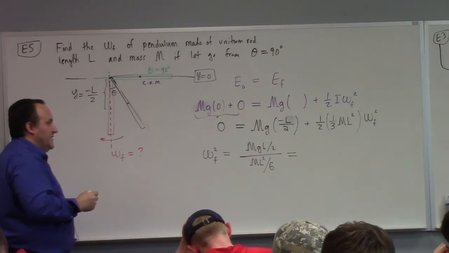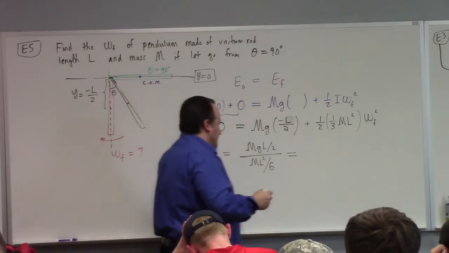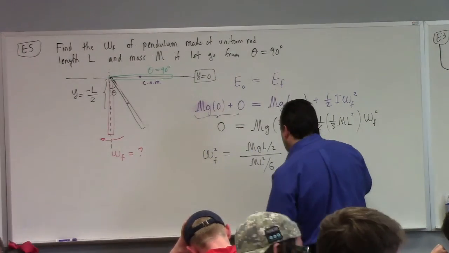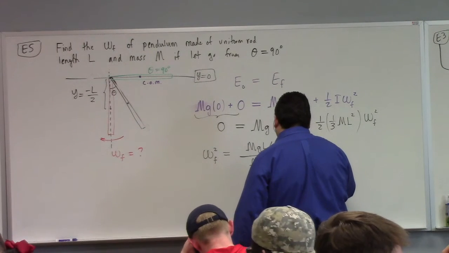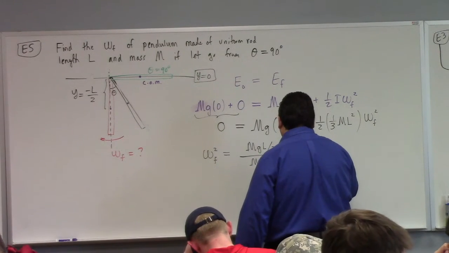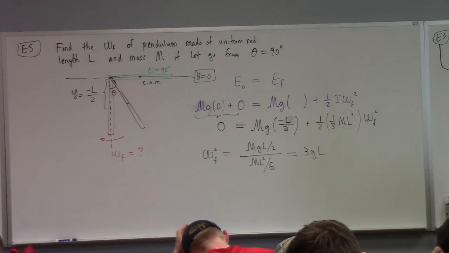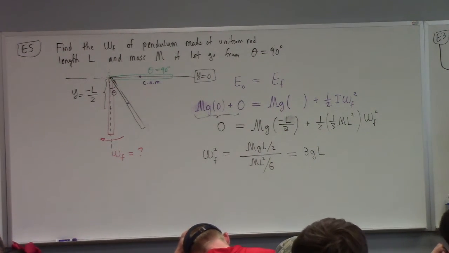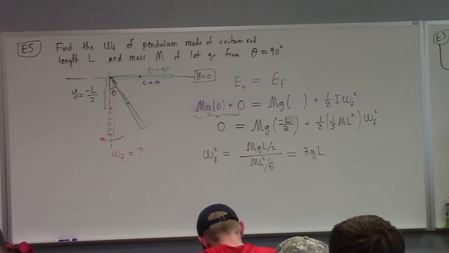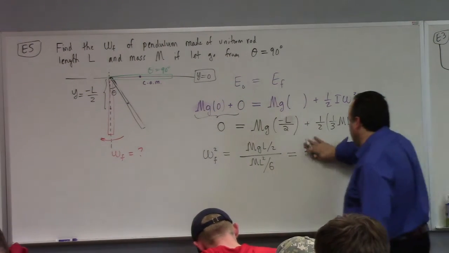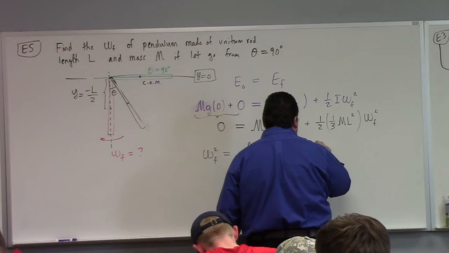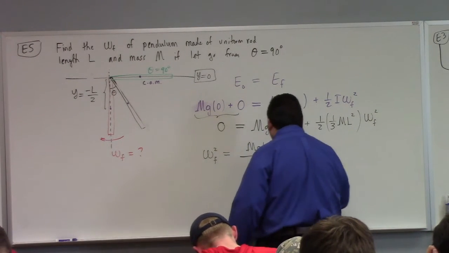Oh, that's cool. The m's cancel. So it doesn't matter what the mass of the thing is. What are the L's? Is it just 3L? Yeah, I think we just get 3gl. Maybe not quite, no, not 3gl, 3g divided by l. But right idea, yeah.